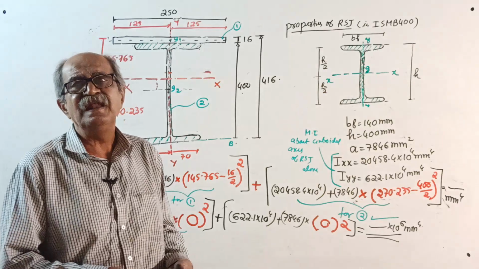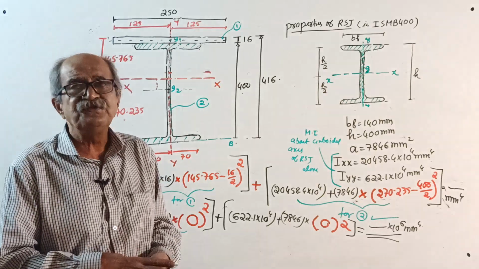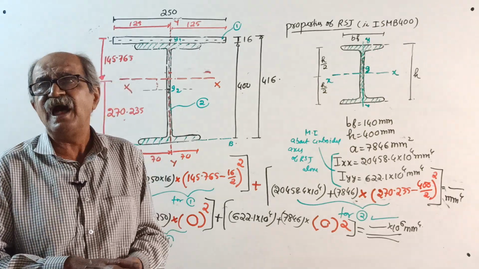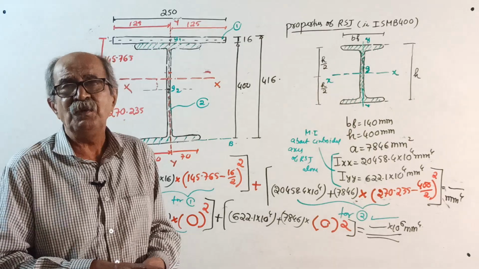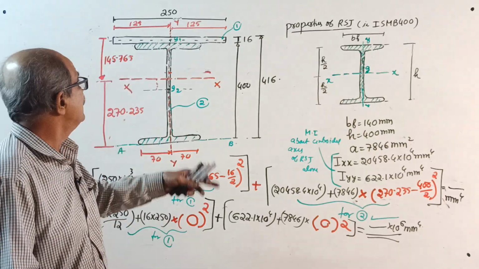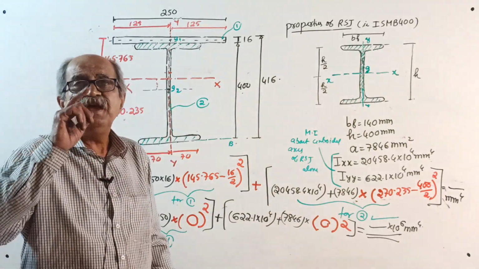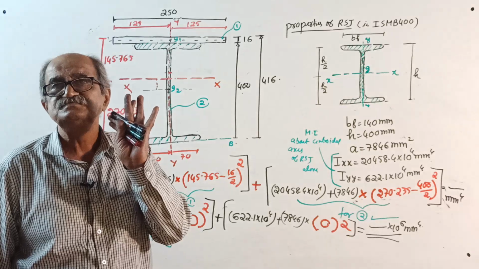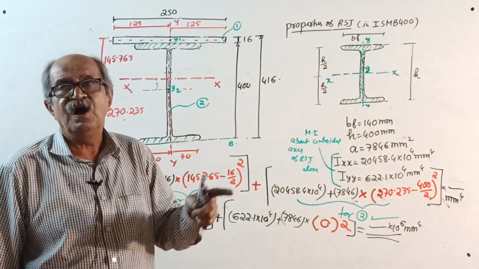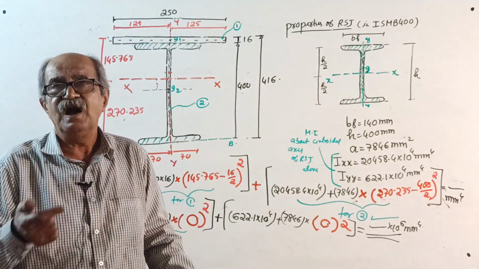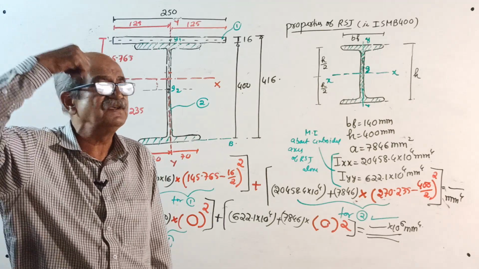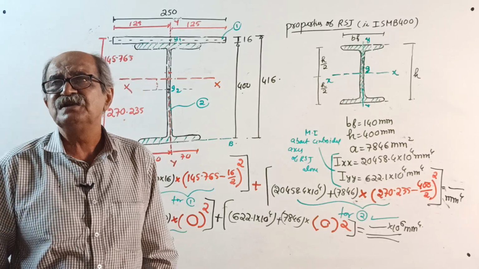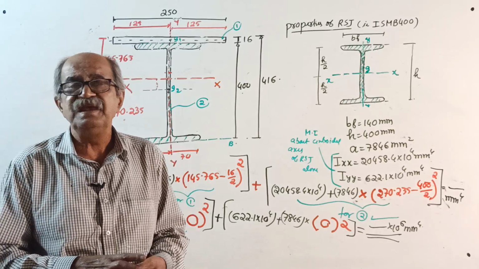If a plate is there, it's a rectangle. So with rolled sections like I sections, channel sections, angles, T's, plenty of questions I will solve. When I take the steel structures class, at that time I will tell the students. Moment of inertia I will not explain much here. I already took an engineering mechanics class. Go back to my engineering mechanics class, search moment of inertia part 3.